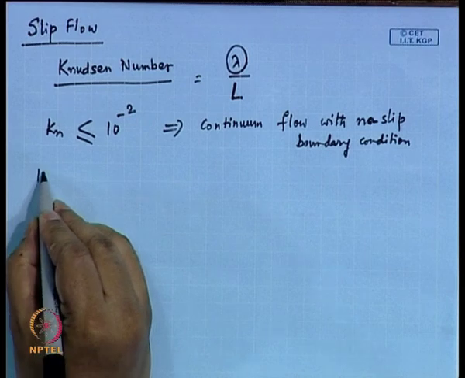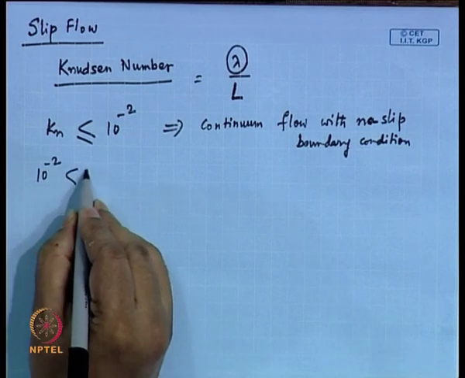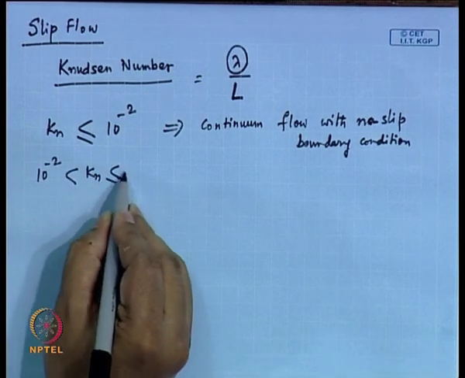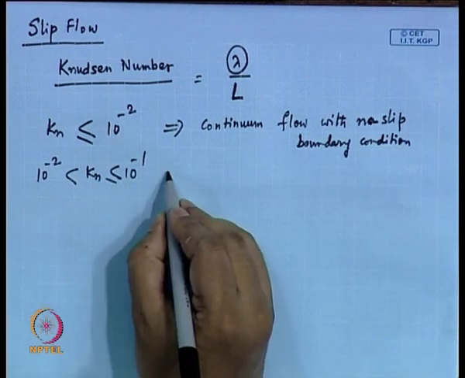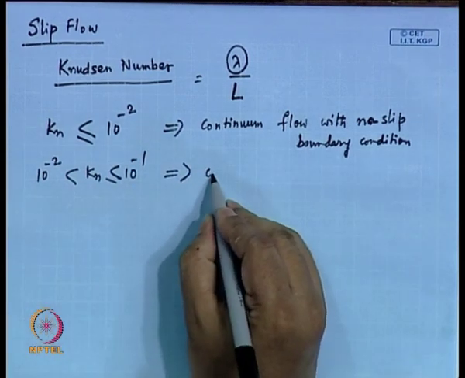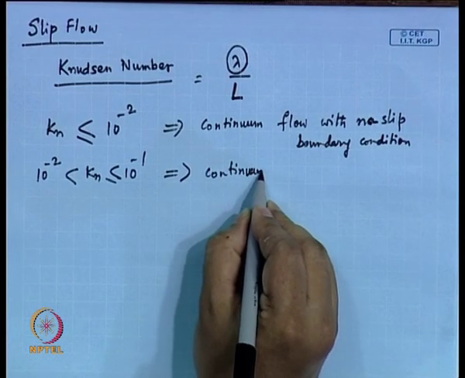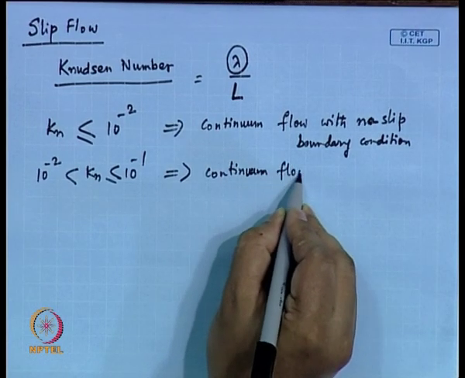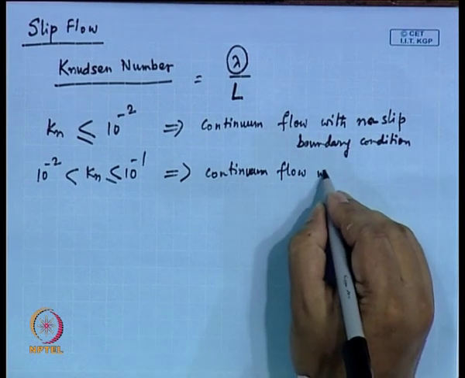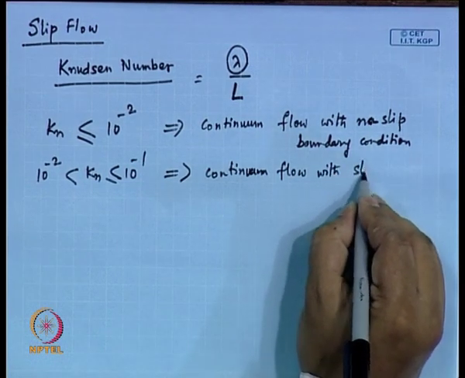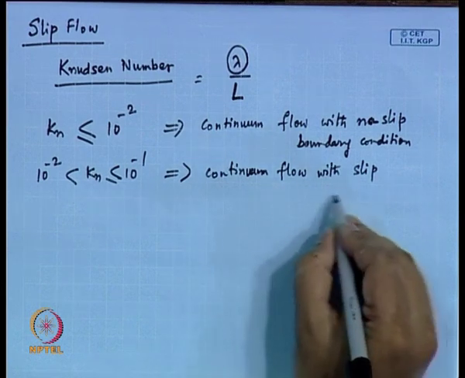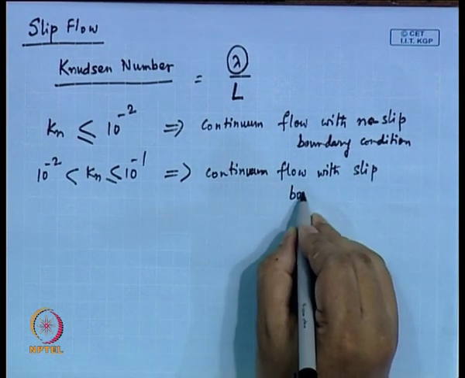If the Knudsen number is between 10 to the power minus 2 and 10 to the power minus 1, this implies continuum flow with slip boundary condition.